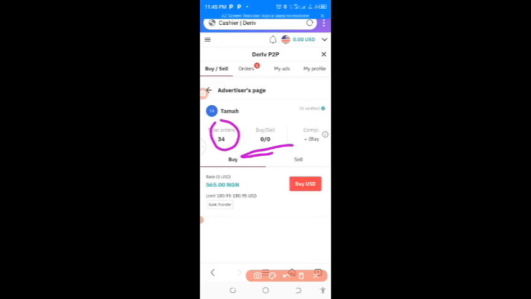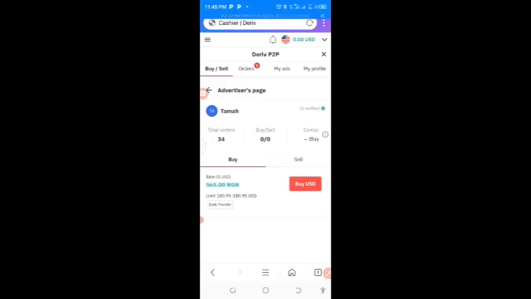The reason is that he has not sold any dollar. Likewise, he has not even bought any dollar. So that is the reason I will not buy from the person. I'm just telling you so that you will not run into the wrong hands, because that is the way I'm buying my own.